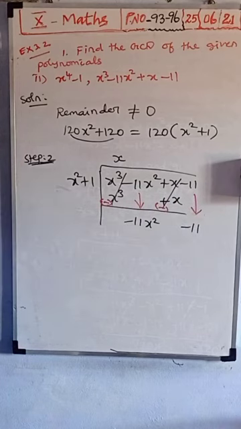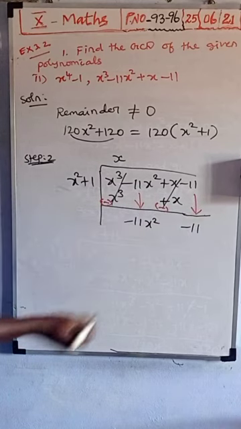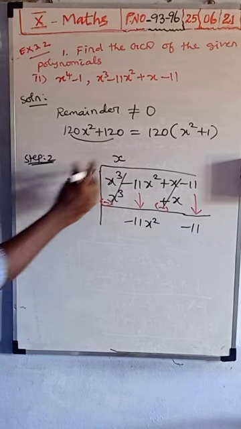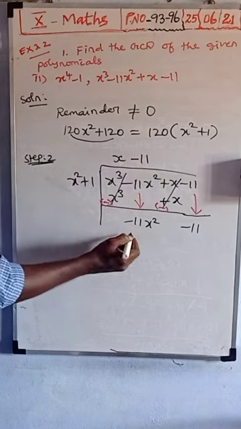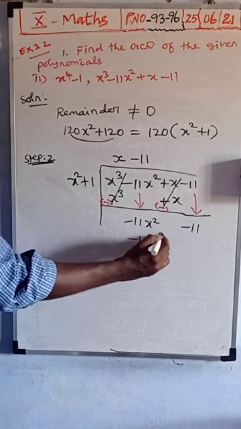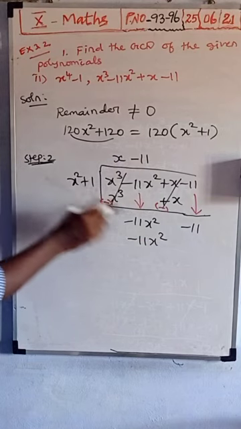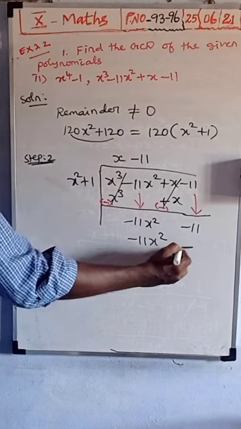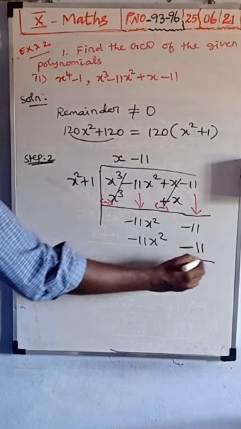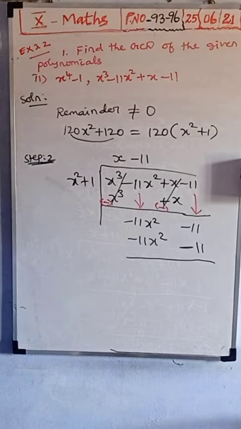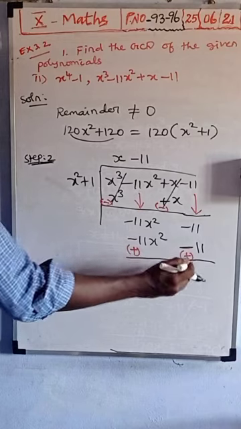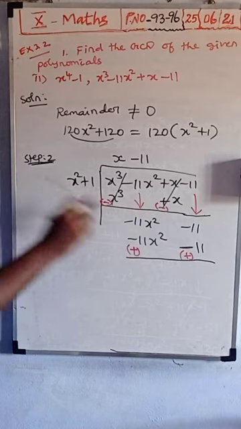Now you see here minus 11x squared, here only x squared. So x squared you should multiply with minus 11 only. The first term you will get equal. So minus 11 into x squared is minus 11x squared. Now minus into plus, minus 11 ones are 11. Then we want to change the symbol. So plus, here plus. Now you see minus 11x squared.